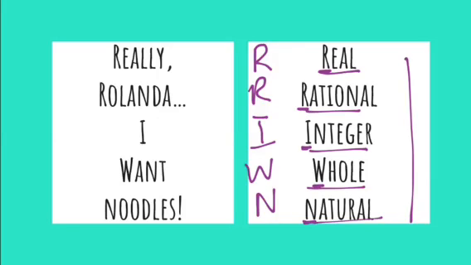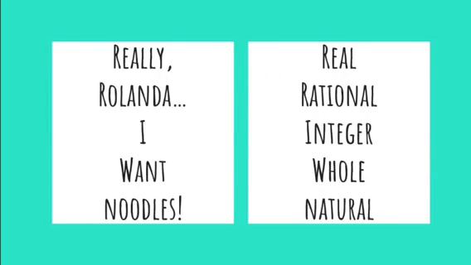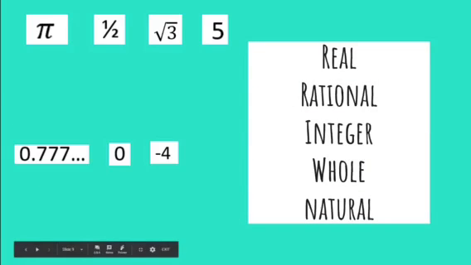And I'm going to start at the bottom and I'm going to go up and see what number sets all of these numbers belong to, because one number probably belongs to more than one set. So we're going to remember that, really, Rolanda, I want noodles, and write down what number set each belongs to.